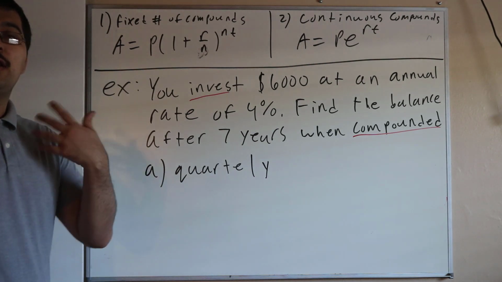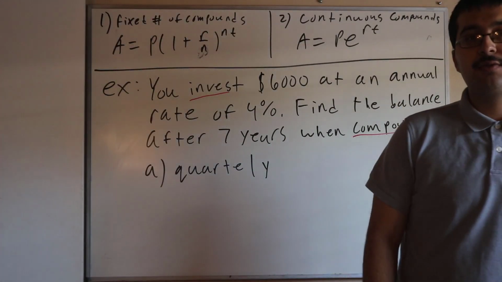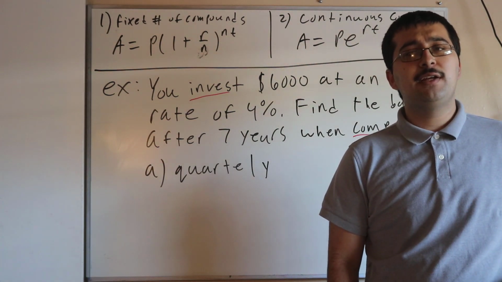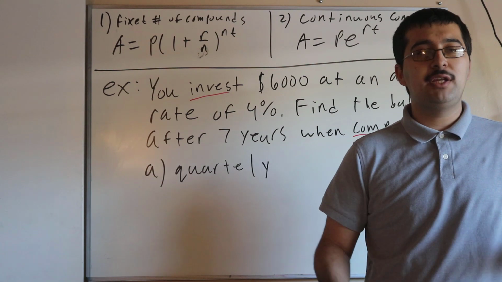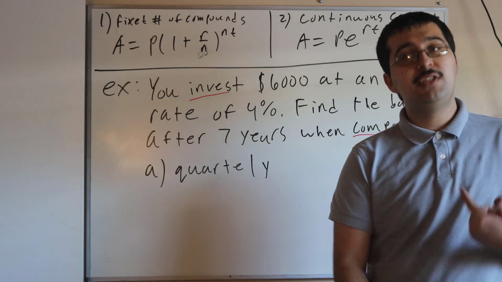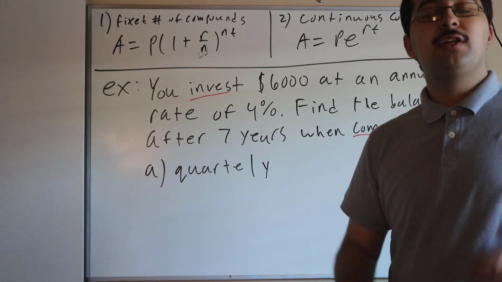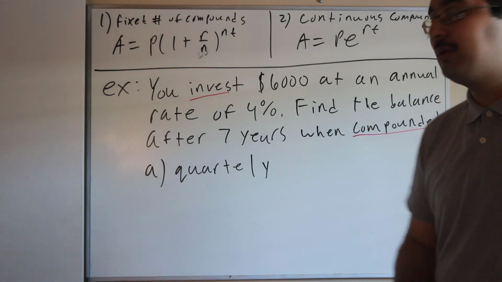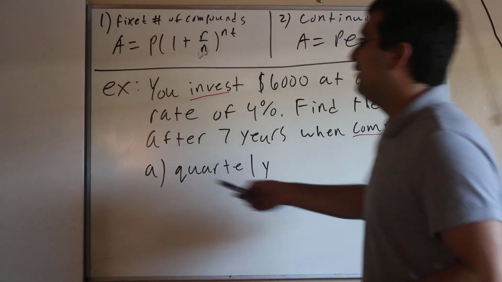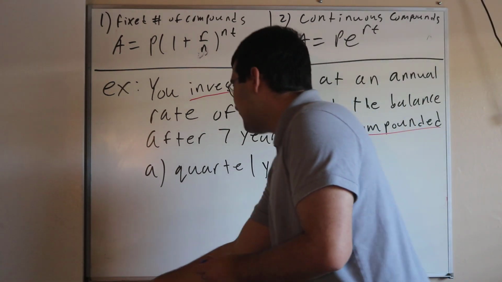From there, the next thing we need to identify is which formula we're going to use. Are we going to use our fixed number of compounds formula, or are we going to use our continuous compounding formula? And the answer to that heavily depends on the wording of your problem. For us, the answer comes in this first part A, where we're going to compound quarterly, right?